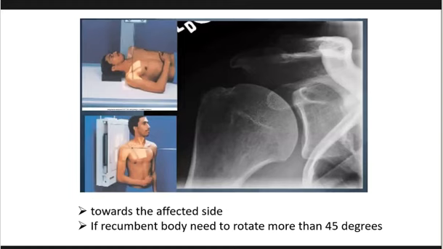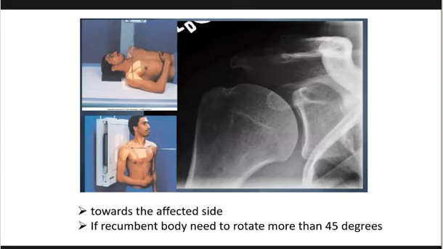So in the upper picture on the left side, when the patient is in recumbent position, the body is rotated by 45 degrees or even more. In the AP upright, the body rotation is just between 35 to 45 degrees in order to demonstrate the glenoid cavity.